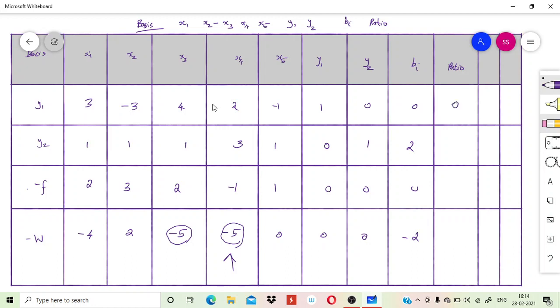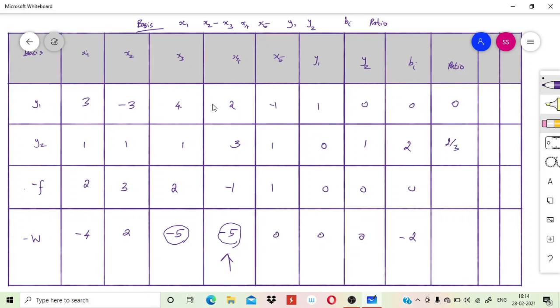And 2 by 3, you will get 2 by 3. Minus f, you are just maintaining that row. You need not bother about the minus f row in this case. Okay, 0, 2 by 3.